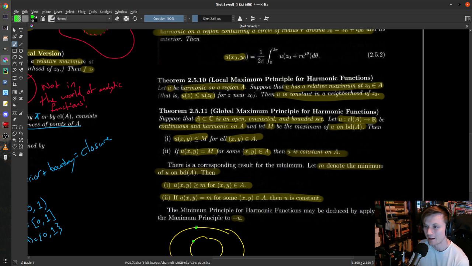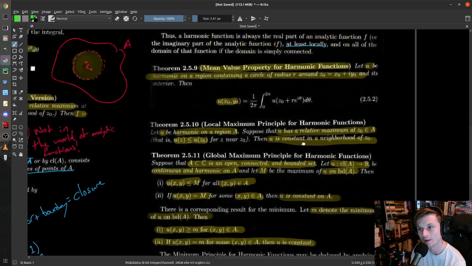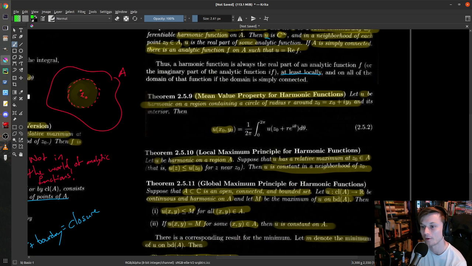And in some sense, what all these things about harmonic functions tell us, these mean value properties, max and min properties, all this stuff, it says that we can discern everything about nice enough harmonic functions from their behavior on the boundaries of things.